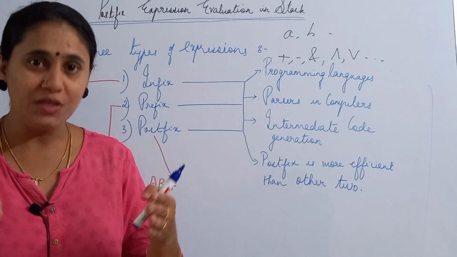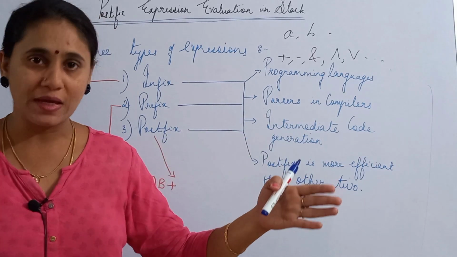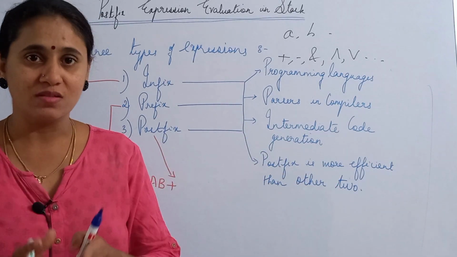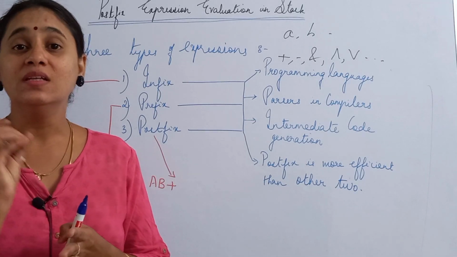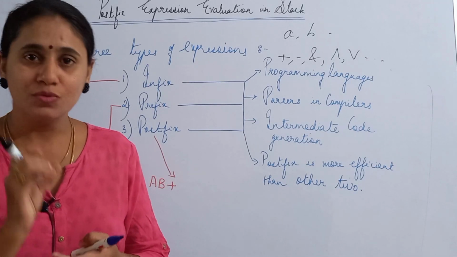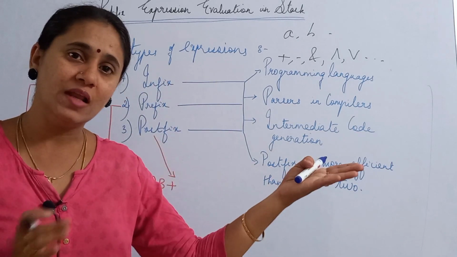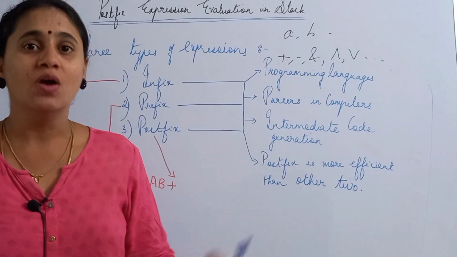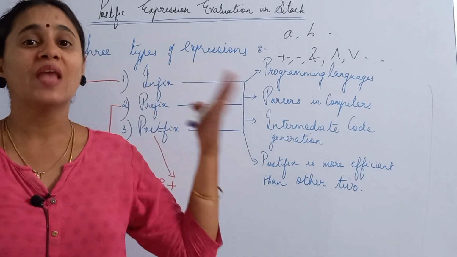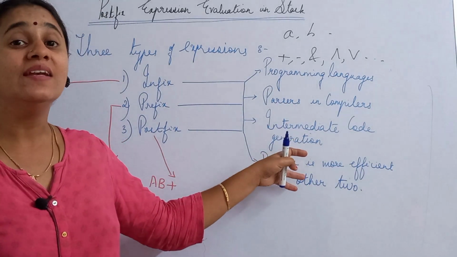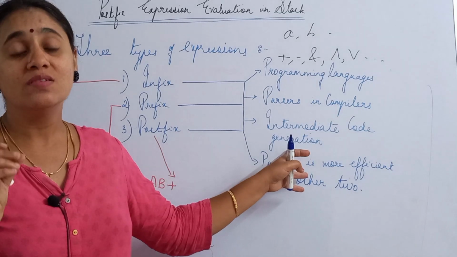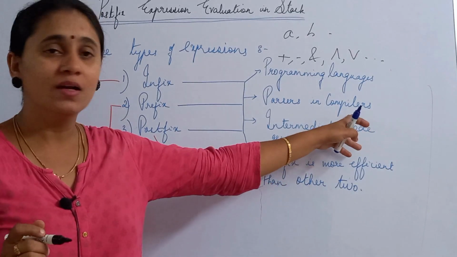There is an in-between system which creates an intermediate code. Intermediate code is used for converting from high-level language to low-level language or from low-level language to high-level language, right? So for that we use intermediate code generation, which is very important in the compiler.